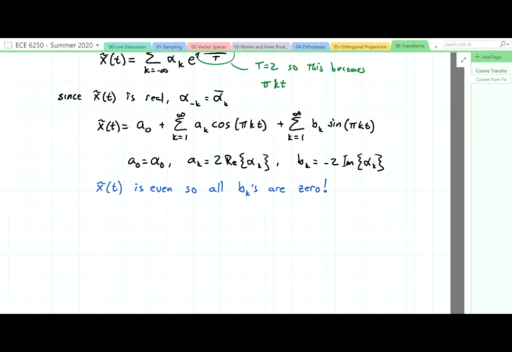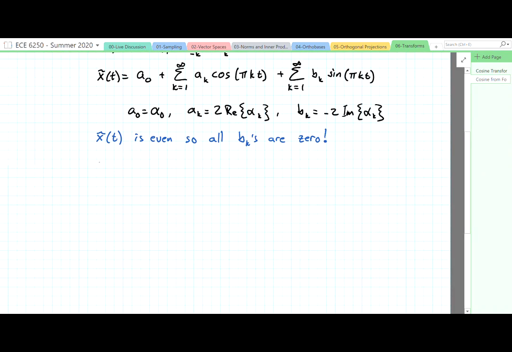I didn't do so this time, but if you're watching this in a later semester, maybe you'll be the lucky ones to have it. We can prove that if you have an even function, the best projection into a subspace includes no odd basis functions. It's really not that bad, but we're not going to do it. So all bk's are 0.